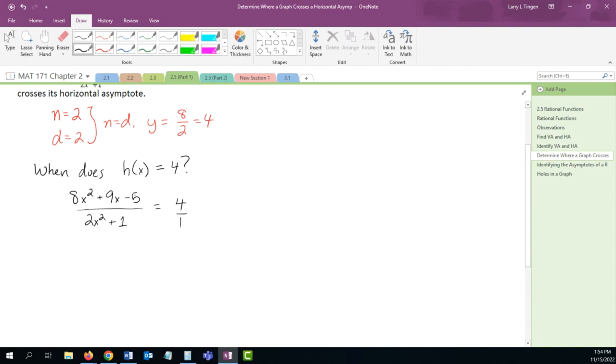So if this rational function equals 4, then 8x squared plus 9x minus 5 times 1 must equal 4 times 2x squared plus 1.